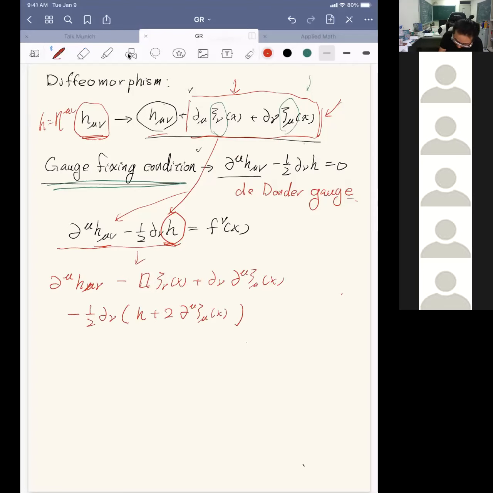So we can just write things out. This is equal to partial mu h mu nu minus a half partial nu h, which is the original part, then I have minus box xi nu of x. Then there is a plus term, but it is the same as the other one with a minus sign, so these two cancel out.